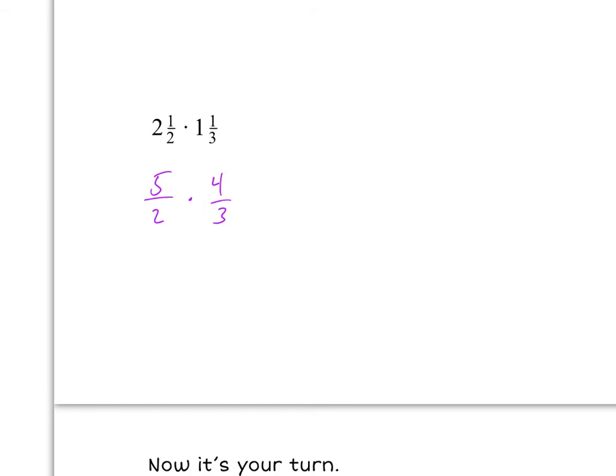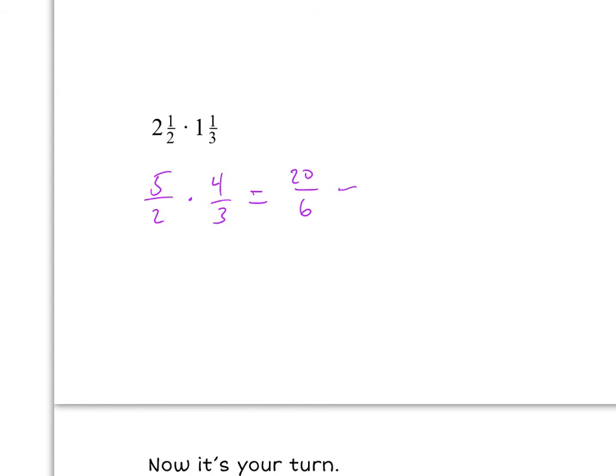Yes. Okay. Step 2 is just multiply. 5 times 4 gives me 20. 2 times 3 gives me 6. So we have 20 over 6.